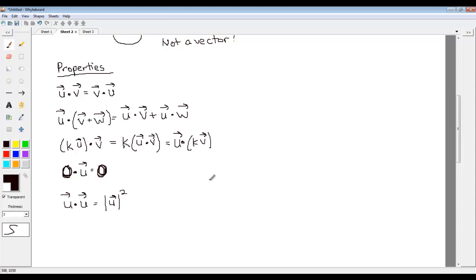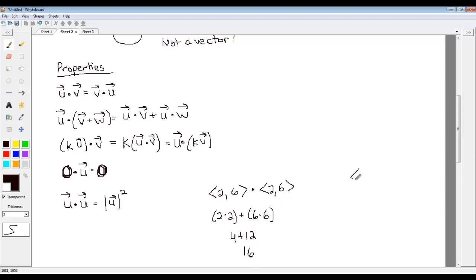This last one's kind of intriguing. If you have a vector such as 2, 6, and you want to do the dot product on itself, you're going to have 2 times 2 plus 6 times 6, so you're going to have 4 plus 12, which is 16.